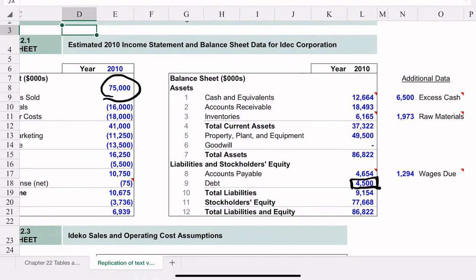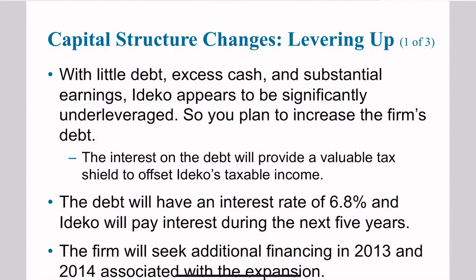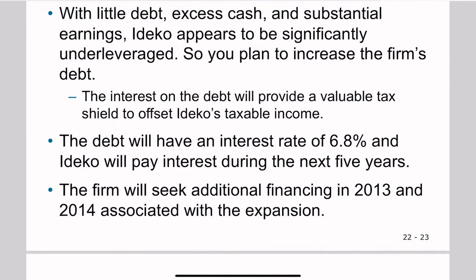And then the firm's total asset is $86 million. So if you calculate the debt to value ratio, it's extremely small, right? And this basically means you want to lever up, because by levering this firm up, you can have interest tax shield. And this interest tax shield should increase the firm's value.